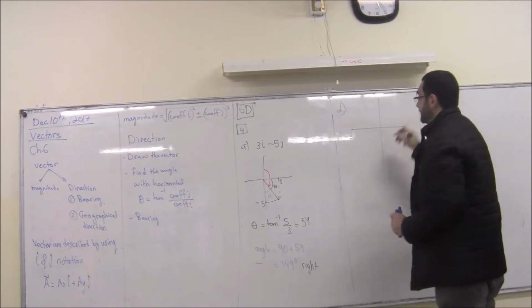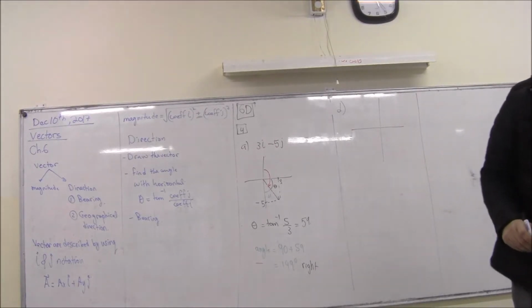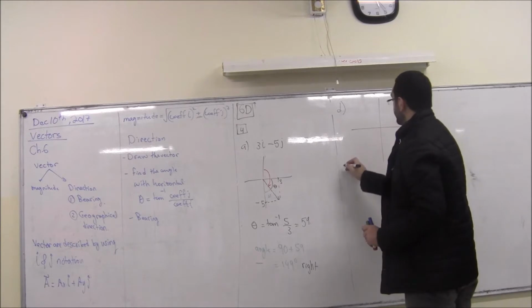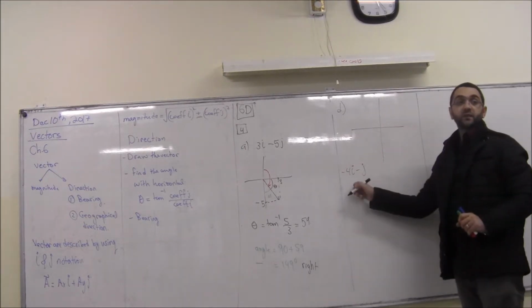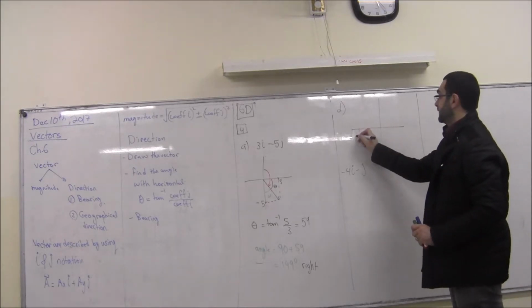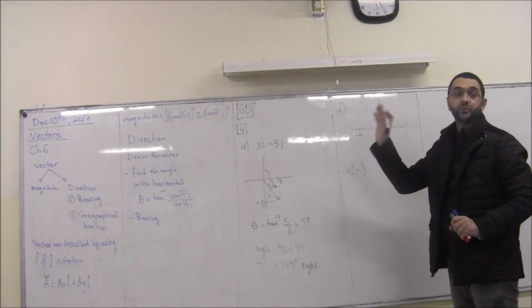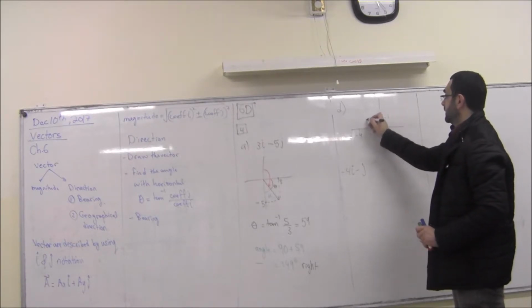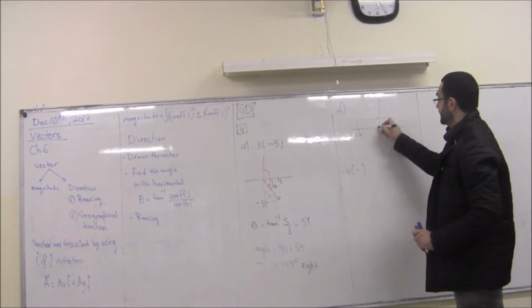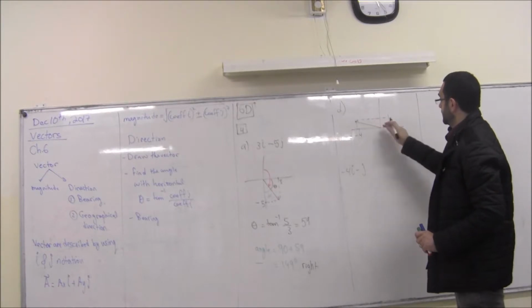Look at part D, guys. Negative 4i negative j is the vector. This is negative 4, pay attention, don't copy anything. Negative 1, this is negative 1, here is the vector, down. Negative j is here, negative 1.